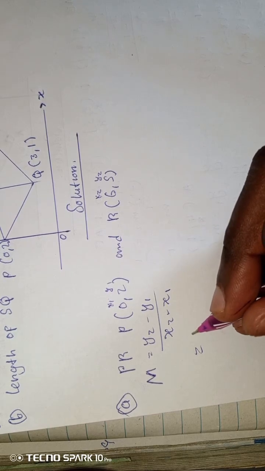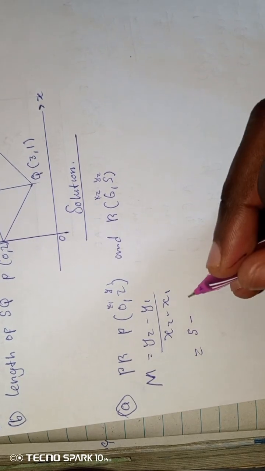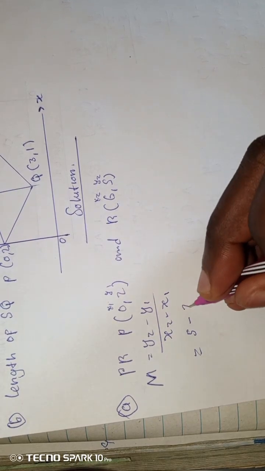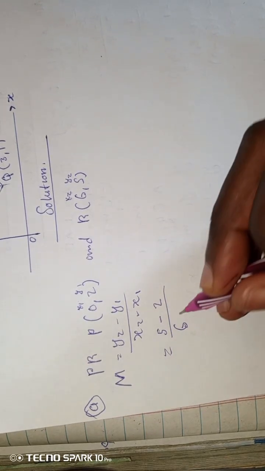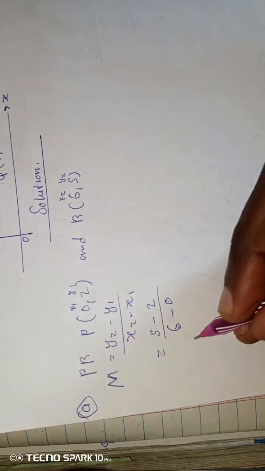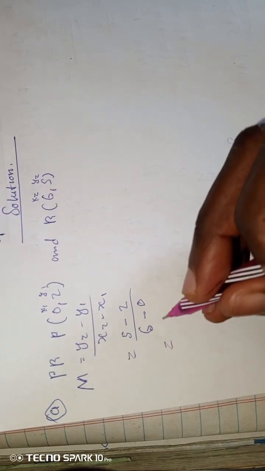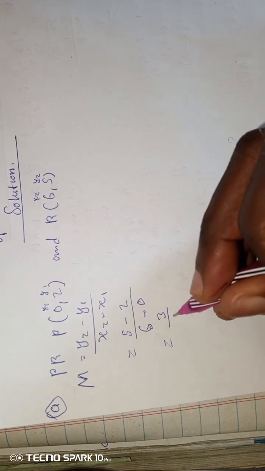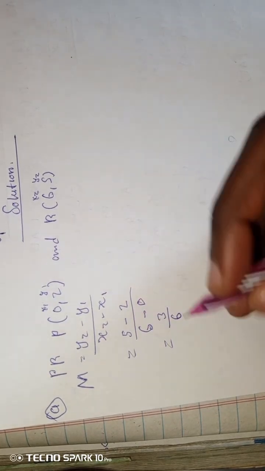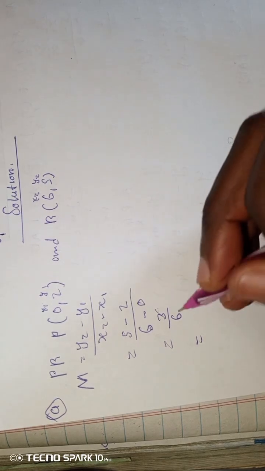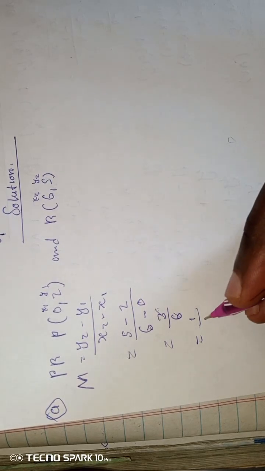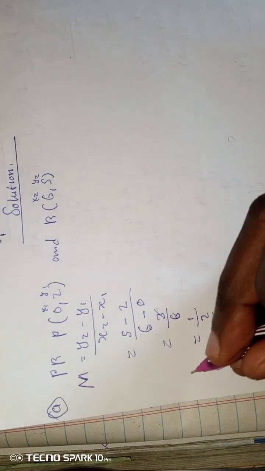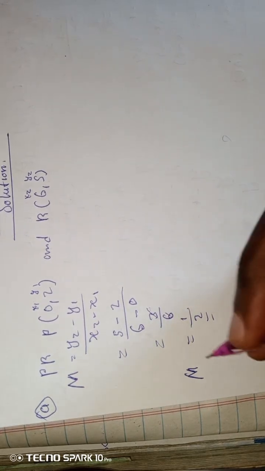My y2 it's 5 minus my y1 it's 2 over my x2 it's 6 minus my x1 it's 0. So here I'll have 3 over 6, 5 minus 2 it's 3. Then here I can still simplify further. 3 into 3 it's 1, 3 into 6 it's 2. So this is the gradient for PR.